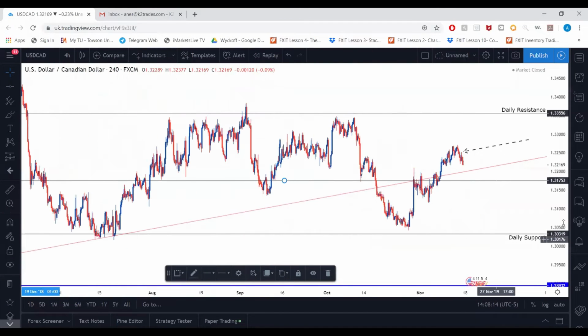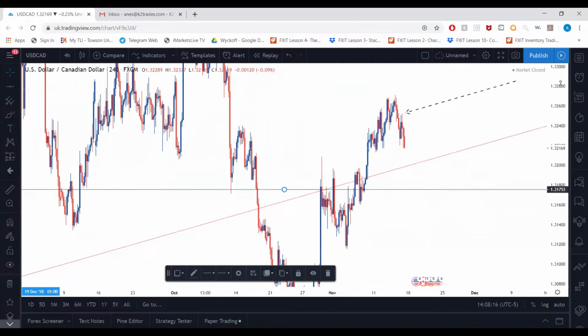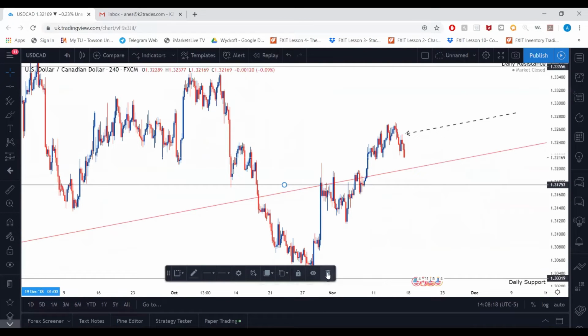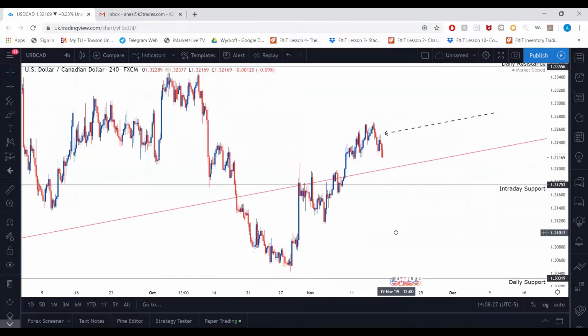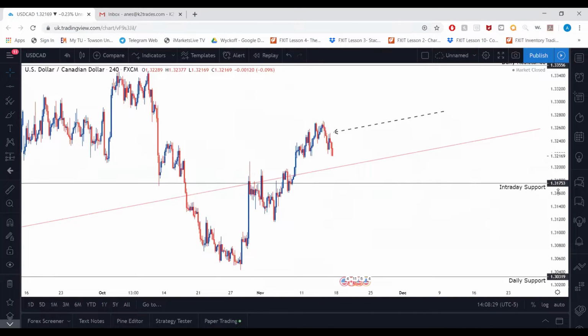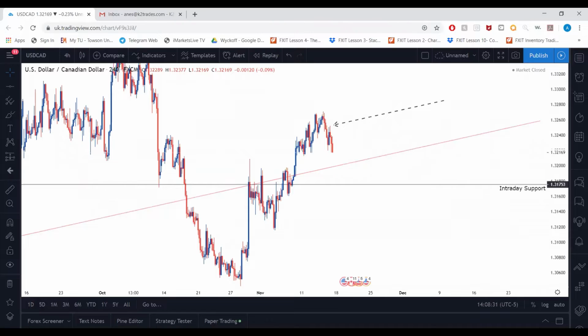So for me personally, this is the level I would watch, which is at 130.1753.